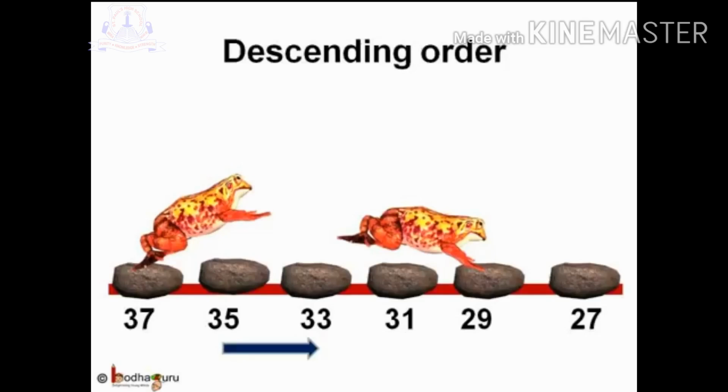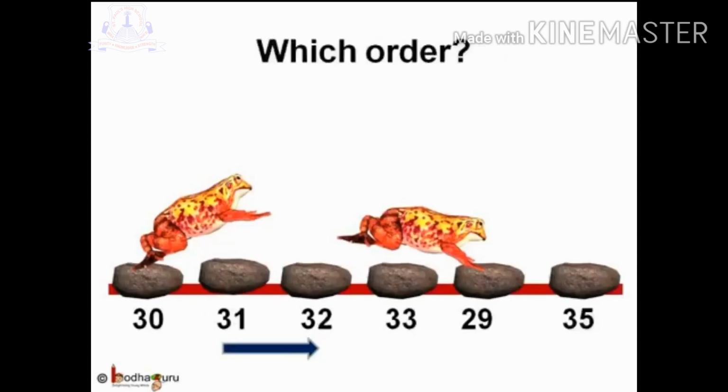Let us see another example. The frog is hopping on stones 30, 31, 32, 33, 29 and then 35. Which order is it following? Well, it may look like it is ascending order, as it is going from the smallest number 30 to the greatest number, which is 35 here.